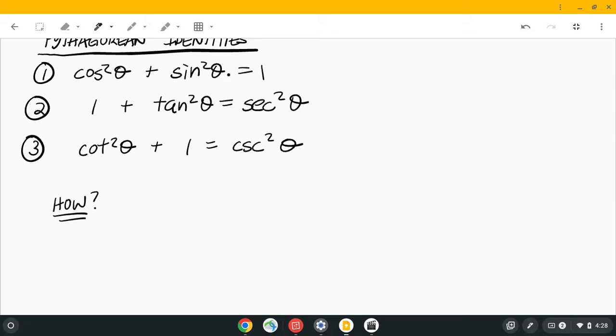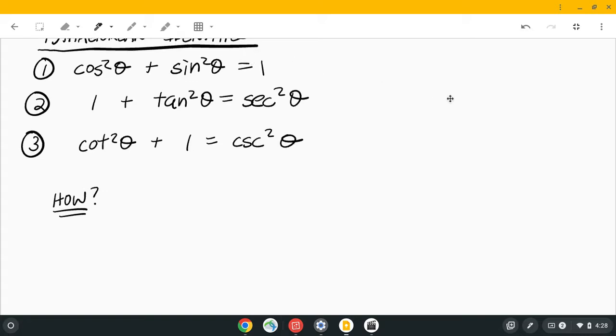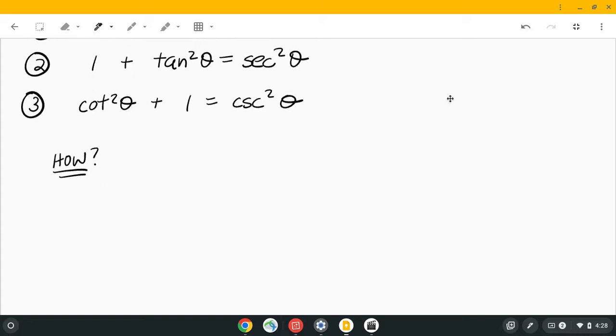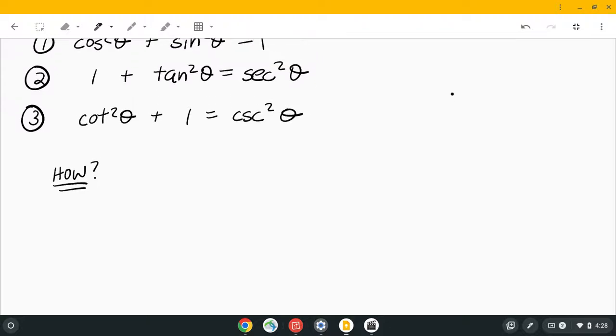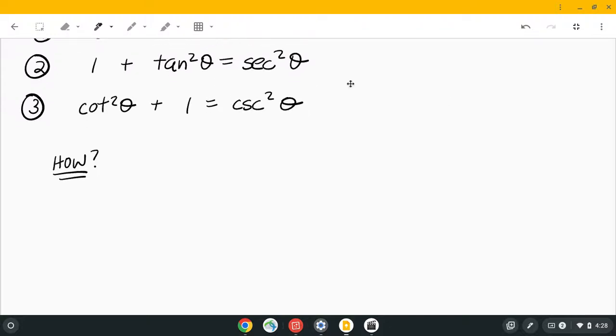All right, and I'm going to start with the first one. And once I can derive this first one, then I can derive the other 2 from this first one. So let's see how cosine squared plus sine squared equals 1. So that first Pythagorean identity.